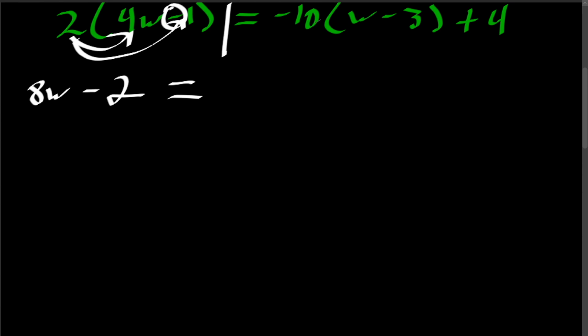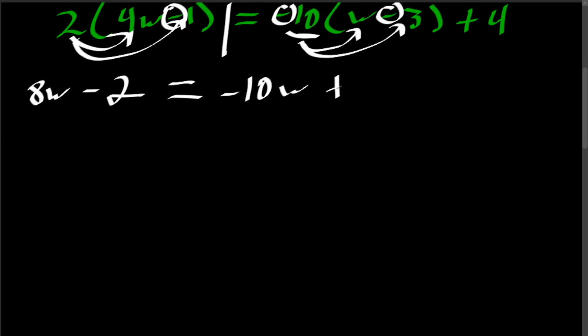But if you look at the right side, we also need to distribute this negative 10 to w and negative 3. So it would give me negative 10w. Now, this is a negative 10 times a negative 3, so that would give me a positive or plus 30. And then we have plus 4.